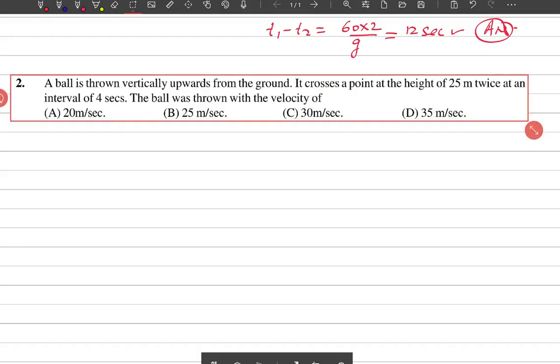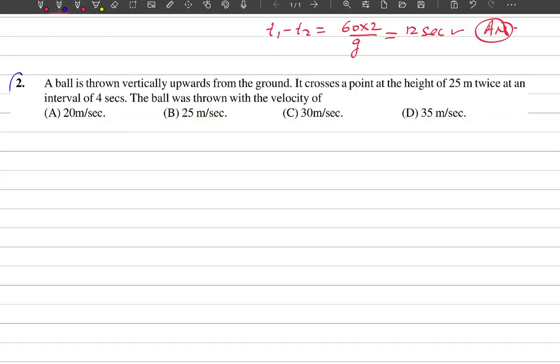In question number 2, a ball is thrown vertically upward from the ground. It crosses the point at 25 meter twice at an interval of 4 seconds. The ball is thrown with a velocity of, meaning in this question, a ball has been thrown with some velocity u.